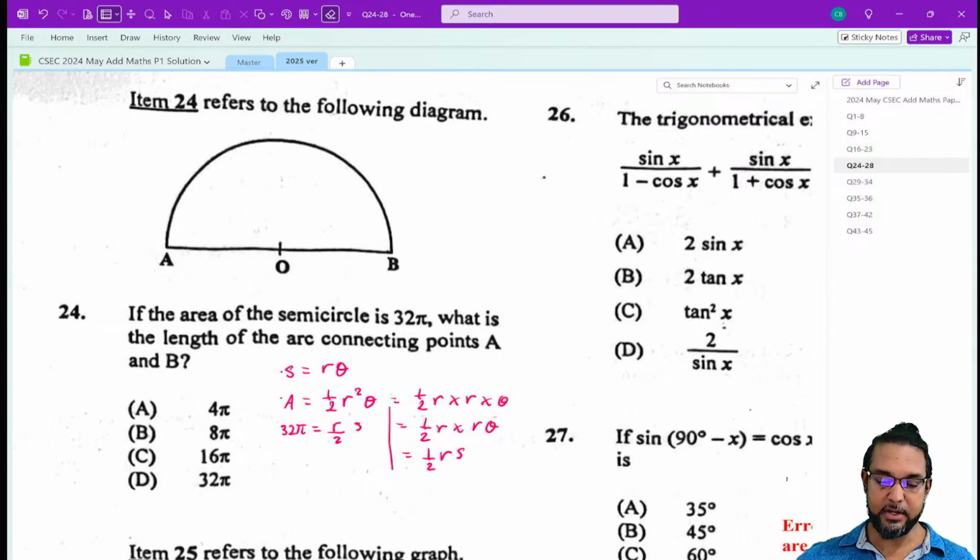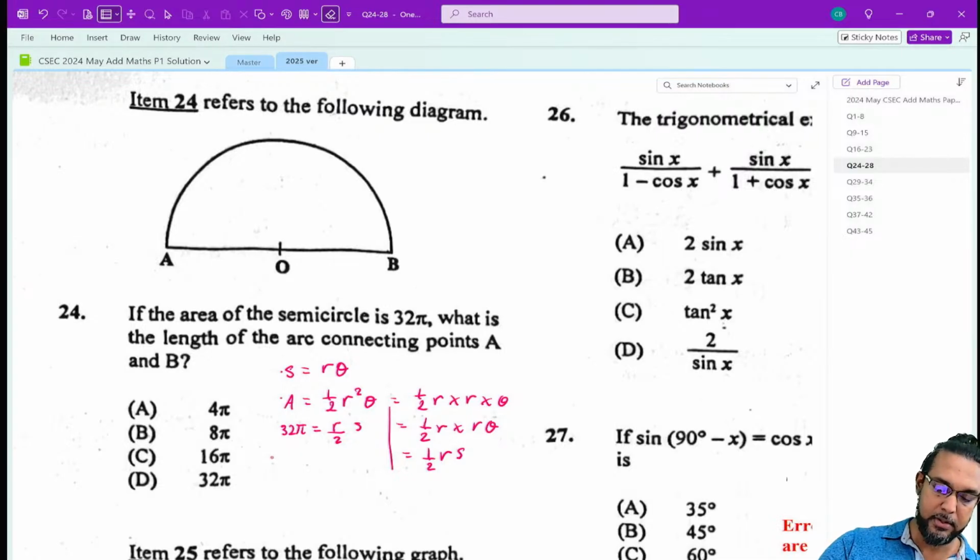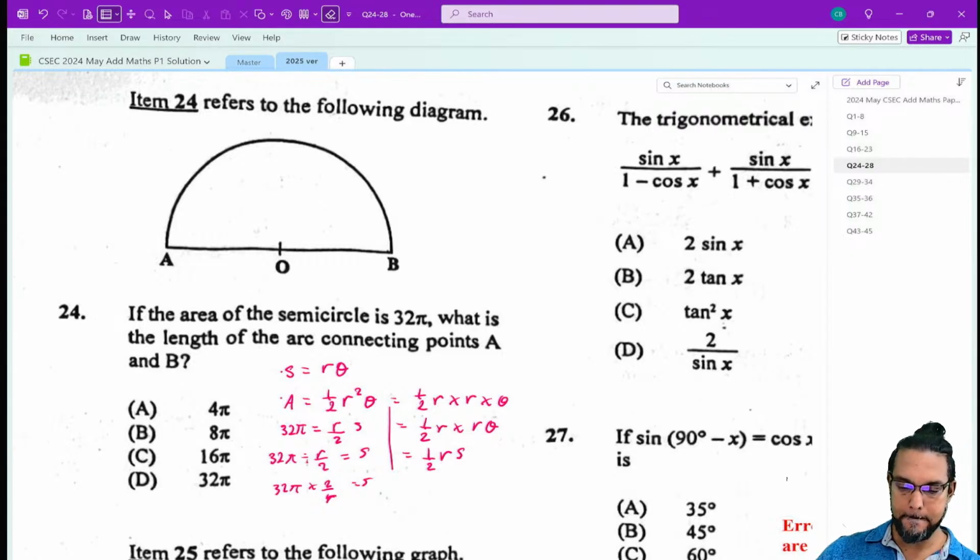So that's what I did with a half R squared by theta, a half R by R. So a half R squared by theta is 32 pi and a half S. So when we divide, we're going to have 32 pi divided by R over 2 equal to S. So when we invert and multiply, we're going to have 64 pi over R.